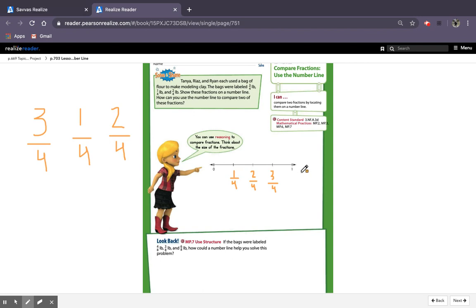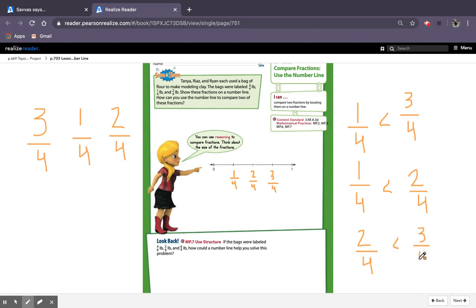I labeled them on my number line, filled them in the correct spots, and now I just need to make a comparison statement. One possible answer is that 1/4 is less than 3/4. You could also have 1/4 is less than 2/4, or 2/4 is less than 3/4.